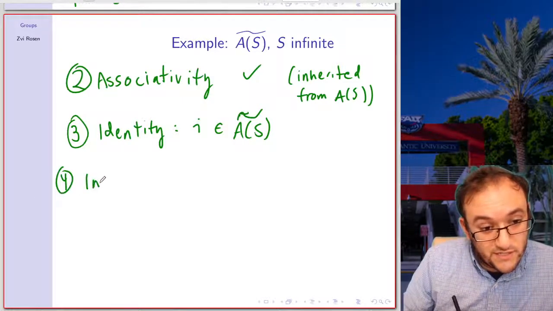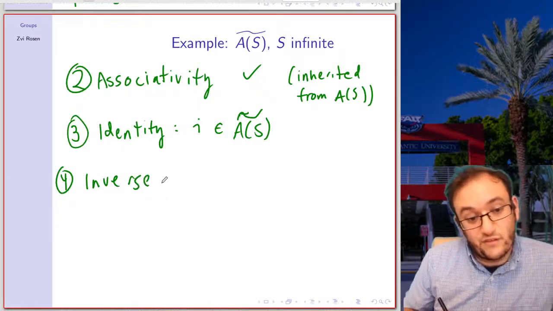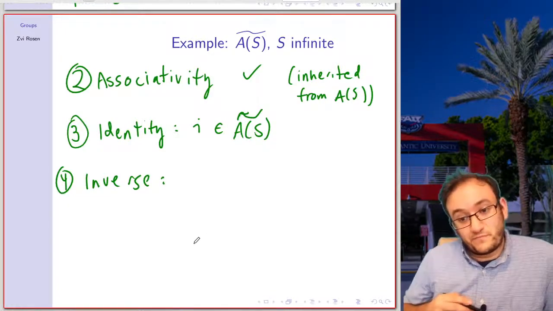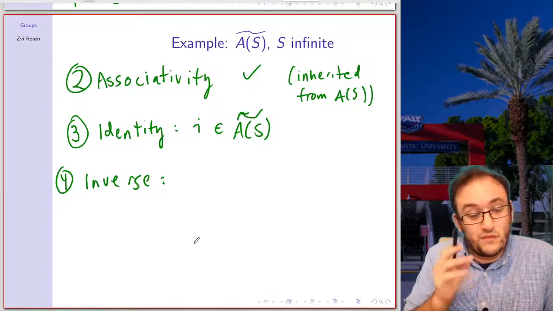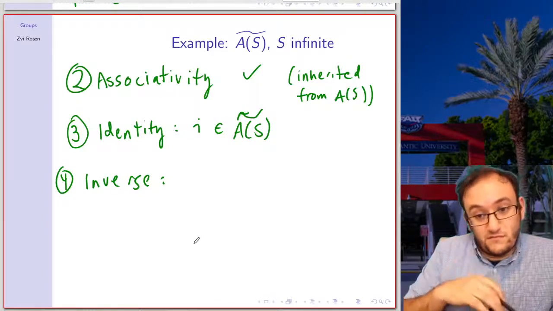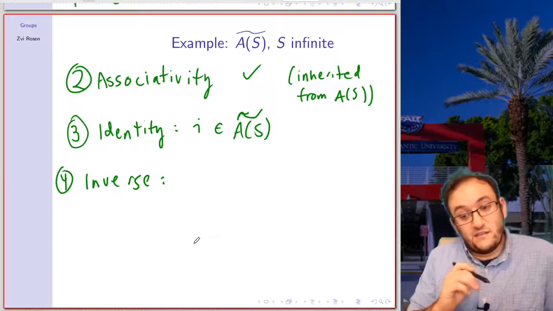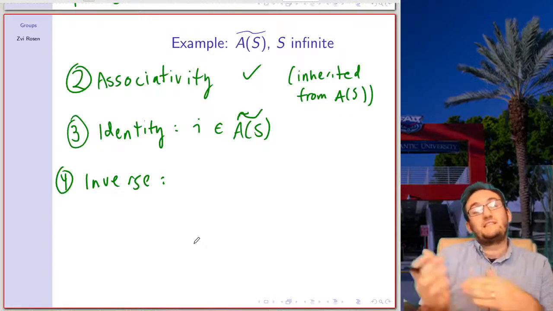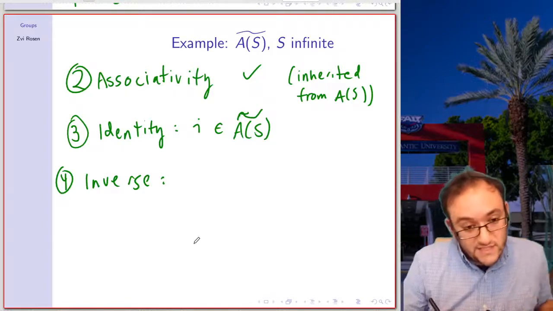As for inverses, you just have to check that if a certain map F has an inverse in A of S, and it acts as the identity on all but finitely many sets, then so too the inverse does. And that's obviously the case.